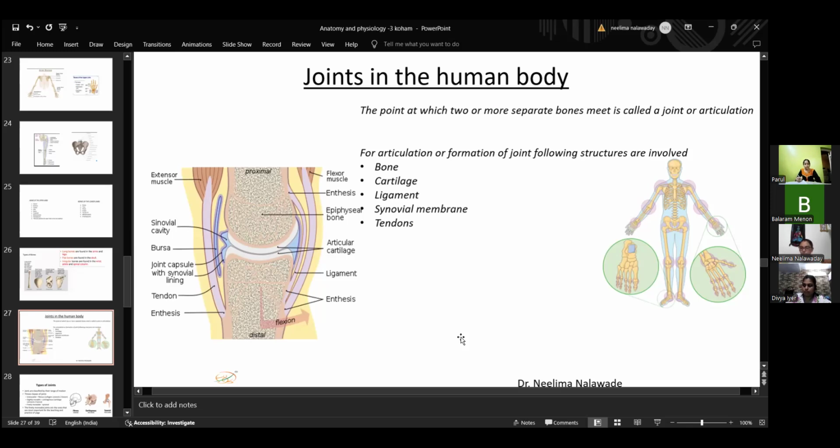For articulation or formation of a joint, which structures or components are involved? First of all, 2 or more than 2 bones, cartilage, ligament, synovial membrane, and tendons. These 5 major components are there. They together form joints in our body. Clear?